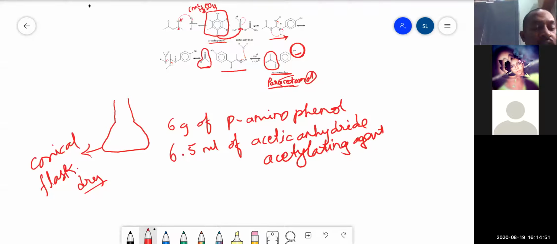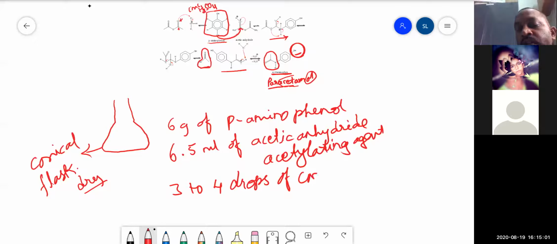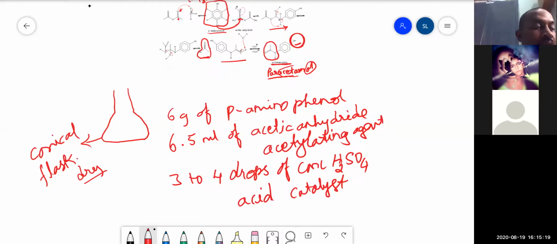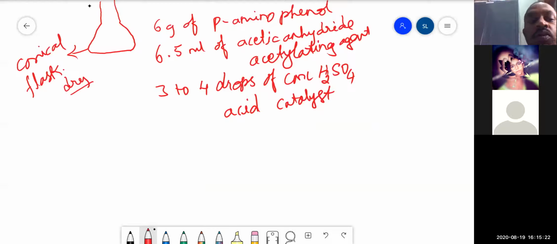And then to the above contents, add 3 to 4 drops of concentrated H2SO4. And here H2SO4 is a catalyst, an acid catalyst. Okay. So these are the things that you should add to the conical flask, and after addition, you have to mix thoroughly.